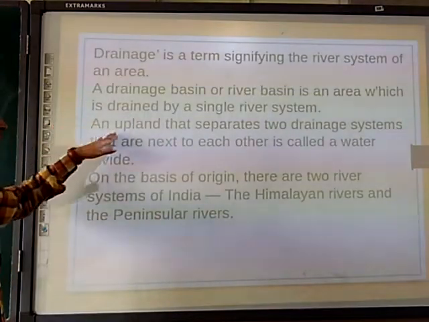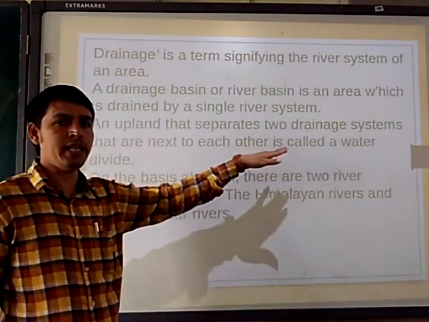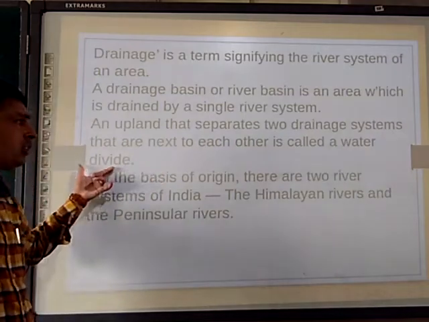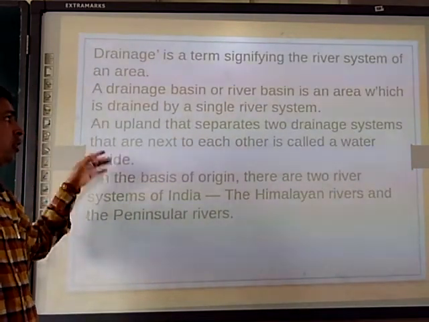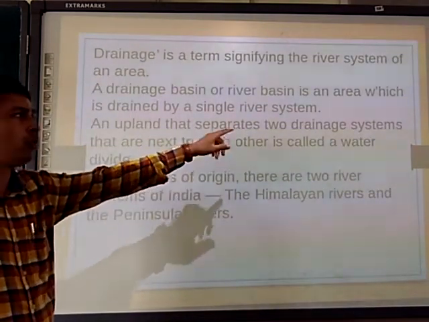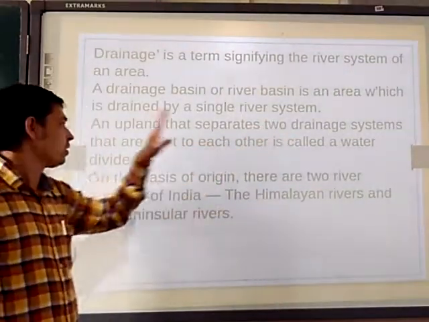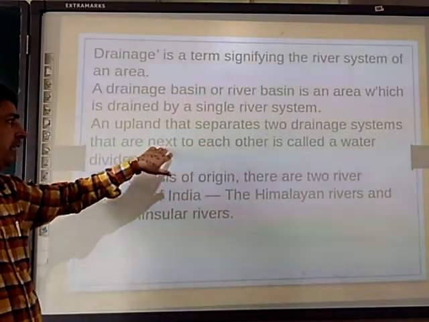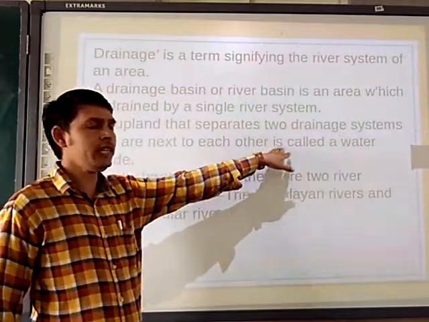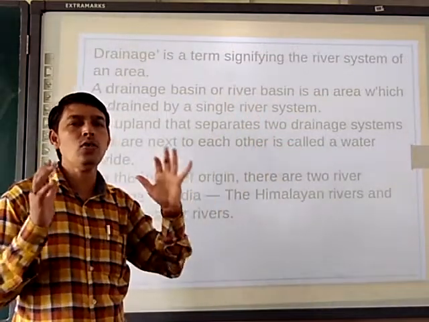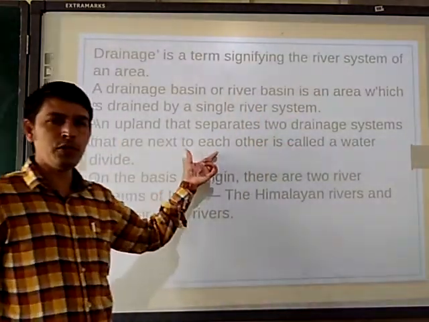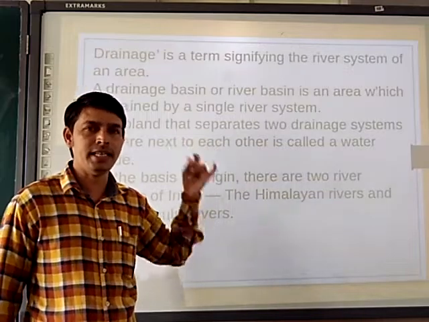An upland that separates two drainage systems that are next to each other is called a water divide. All that photograph has been placed in the NCERT textbook.